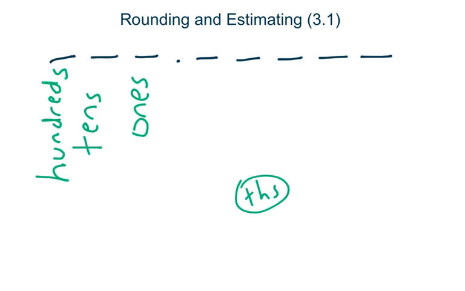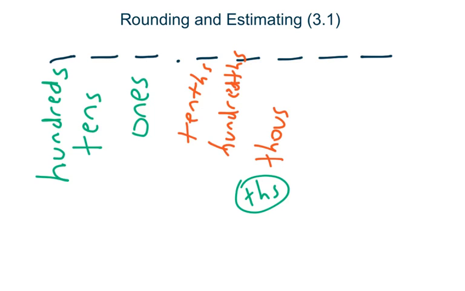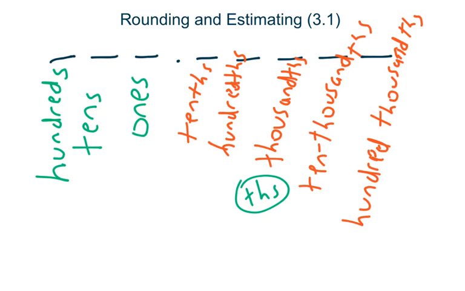So the next one's going to be tenths, hundredths, thousandths, ten thousandths, and then hundred thousandths. So again, everything after the decimal has a THS.